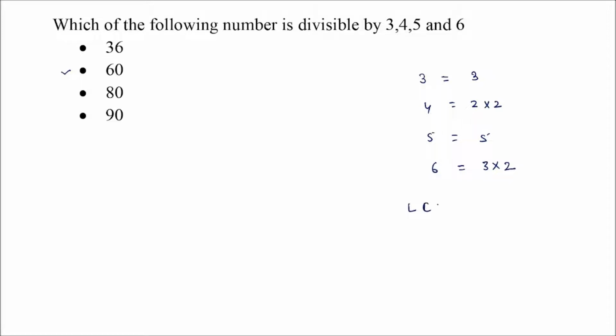LCM means we have to take the multiplication of common factors. This is common, 3. Again 2 is common here, so 2. Now we have to write the remaining numbers, 2 and 5, 2 into 5. So 3 into 2 is 6, 6 into 10 means 60. So this will be our answer.